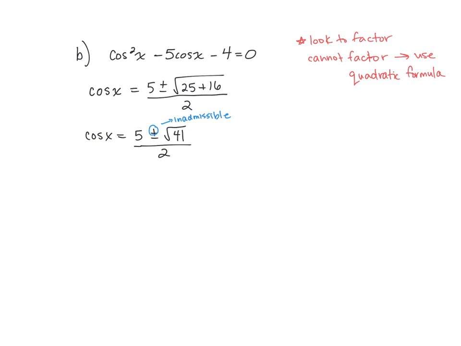It's not really considered a complete equation, okay, because there's a plus and minus there. So if I had written it out this way and said cos x equals 5 plus the square root of 41 divided by 2, or cos x equals 5 minus the square root of 41 divided by 2.